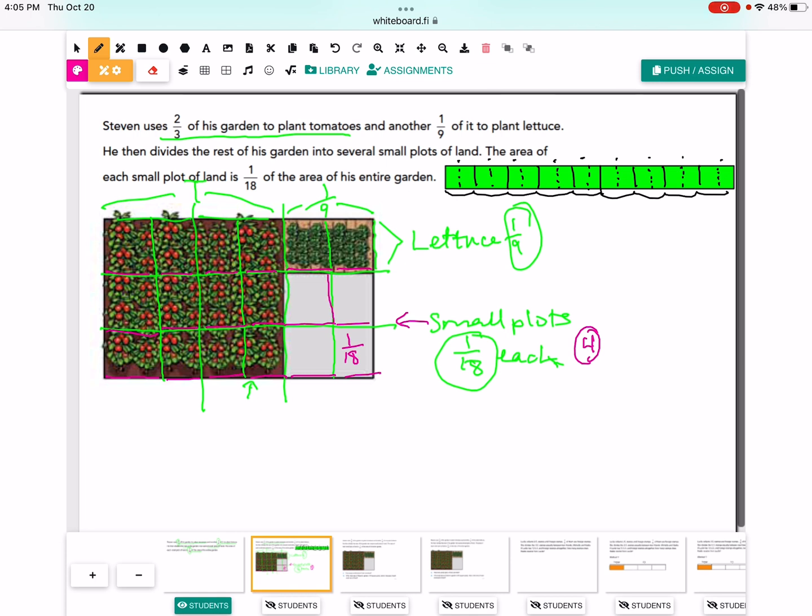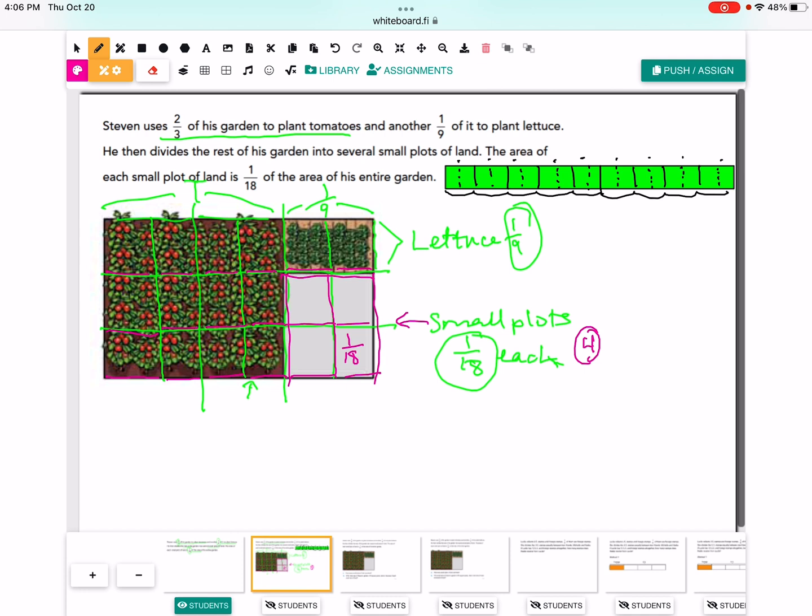And what I know is that there are these plots. Once I've divided the garden from thirds to ninths to 18ths, I see that the vacant land seems to be 4/18 of the whole. But that's just something that I have discovered in my what-do-I-know sequence of asking myself things.